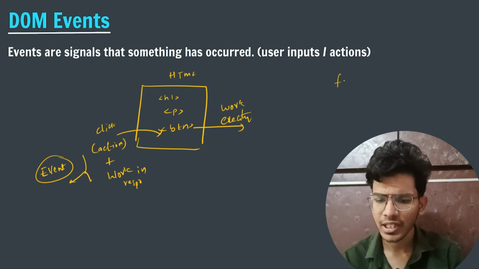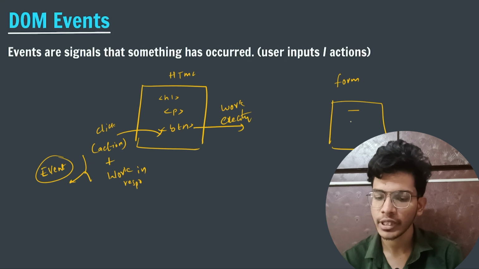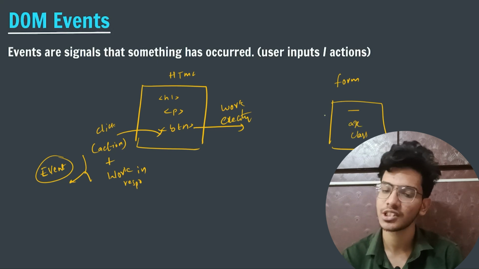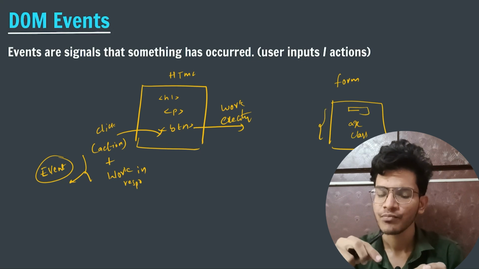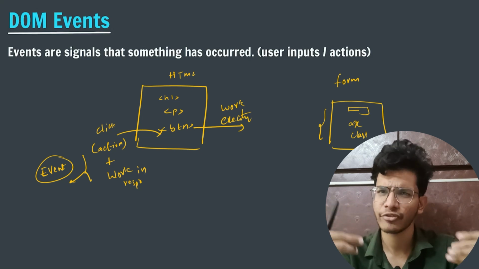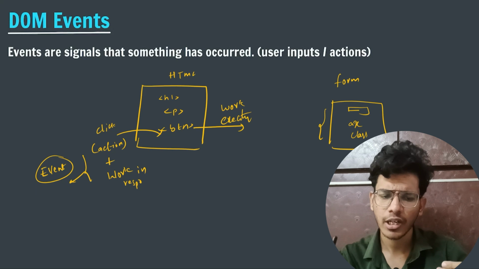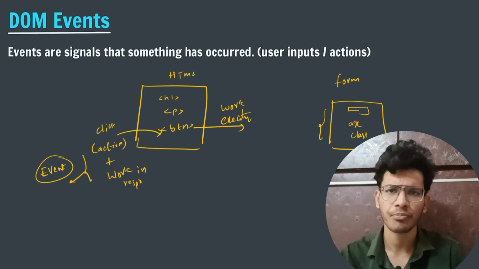Let's say I have a student registration form, and in that I'm taking the name of the student, the age of the student and the class in which he is studying. Now whenever I enter data in the input boxes, I get the keyboard. In our phone we get a keyboard, and on our computer we can easily type using the keyboard.